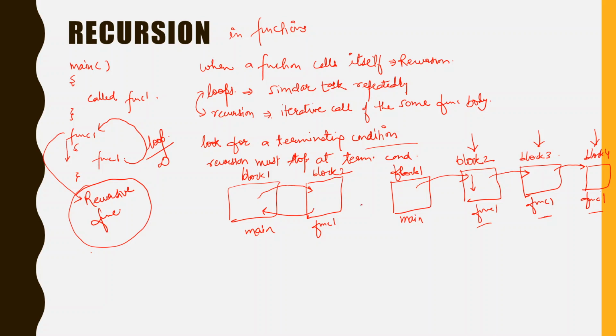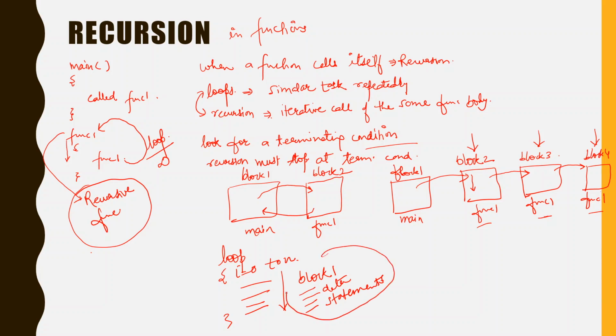This is the difference between recursion and loops. In loops, when you have an iteration where some statements are followed for i equals 0 to n, only a single block is created, and in this block there is only one copy of data and statements, and all the iterations are performed on the same data and statements.